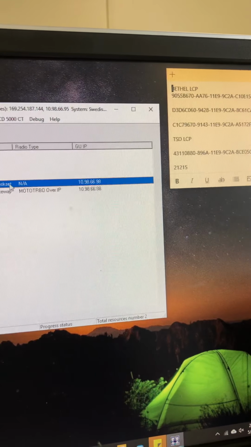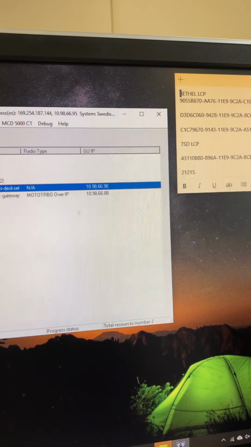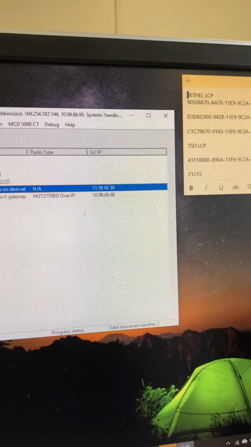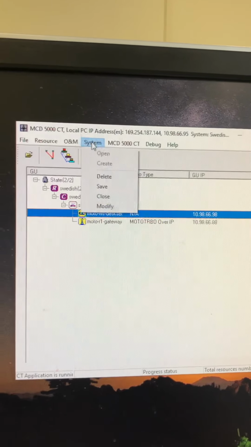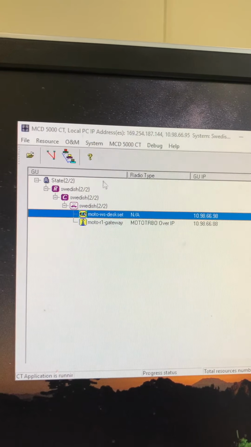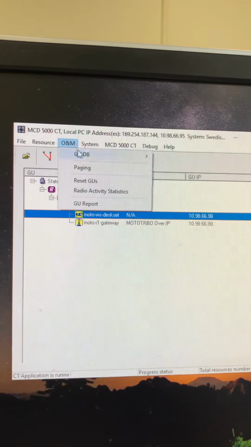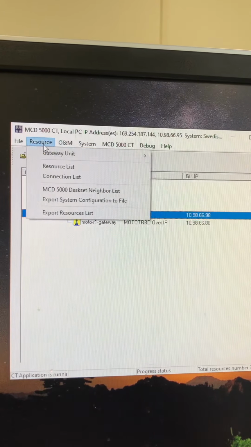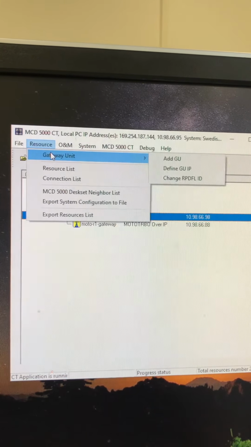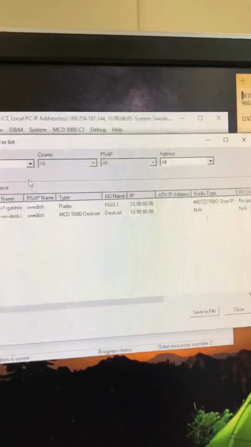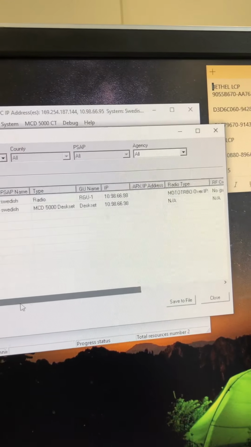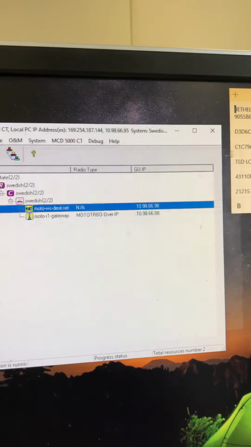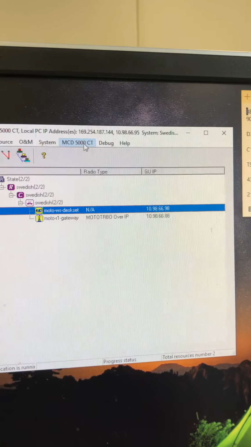I'm supposing it does it through here. It must know that it's linked somehow. So anyway, that's what we've got here. This is the resource list that's associated with it. I don't really know what else to say.